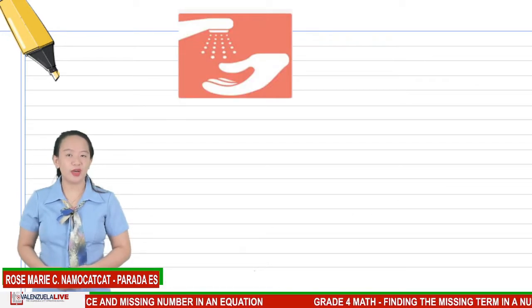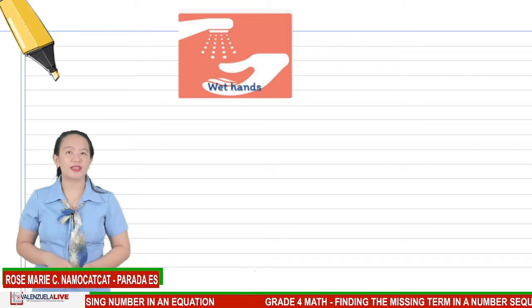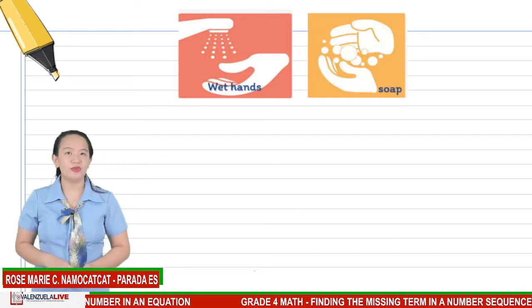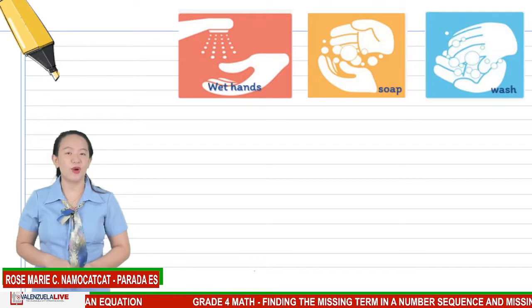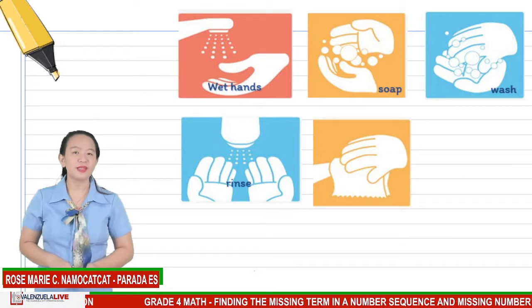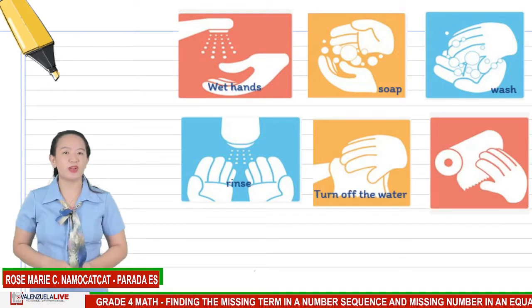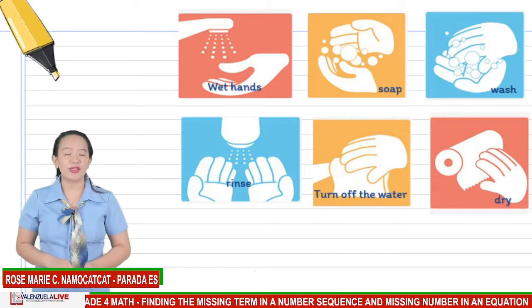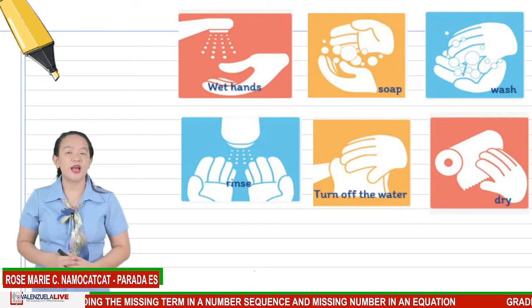So, the first one is to wet our hands. The next is to put soap on our hands and then wash and then rinse. And then we need to turn off the water. And for the last one, we need to dry our hands. So as you can see, these are the steps in washing our hands properly.